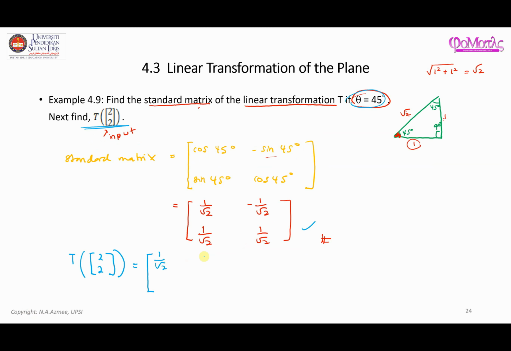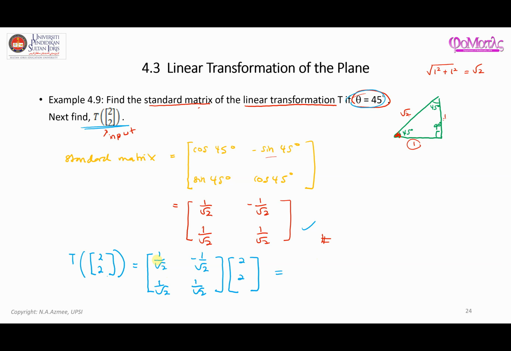We're just going to use the result. And right next to it is this vector here, 2 and 2. And we're just going to do a multiplication of these two matrices.